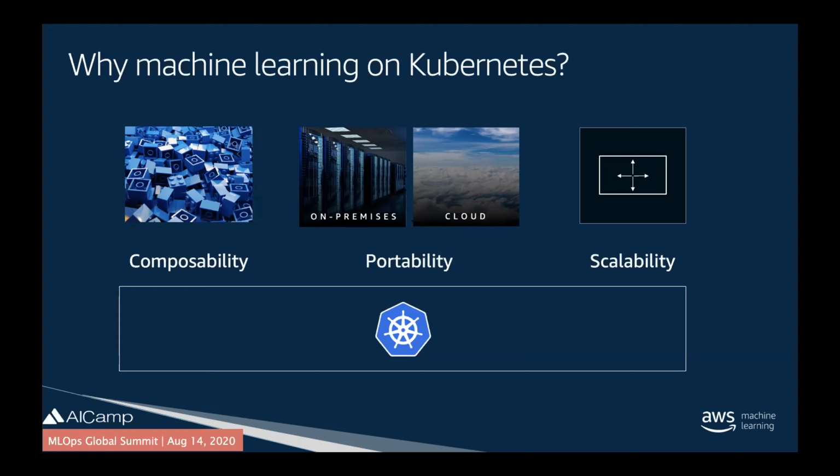You can also decide to run it in a cloud or even as a managed service consumed from the cloud. And Kubernetes also manages a lot of the infrastructure tasks, especially when it comes to scaling out the platform and the infrastructure, depending on your workload requirements. So there are a lot of good reasons why people are looking at running machine learning and their applications on a Kubernetes platform.